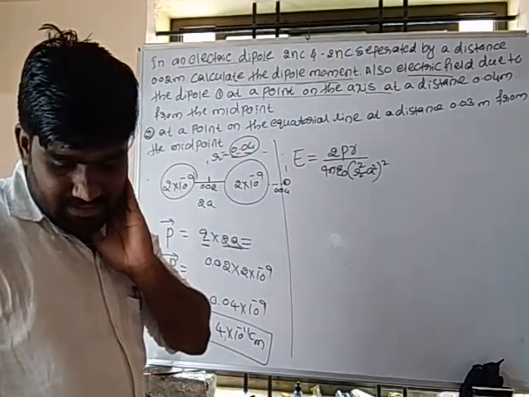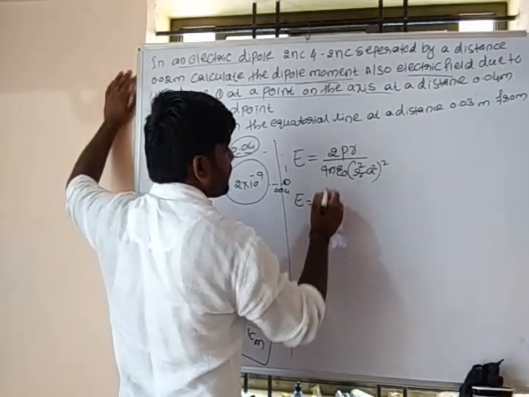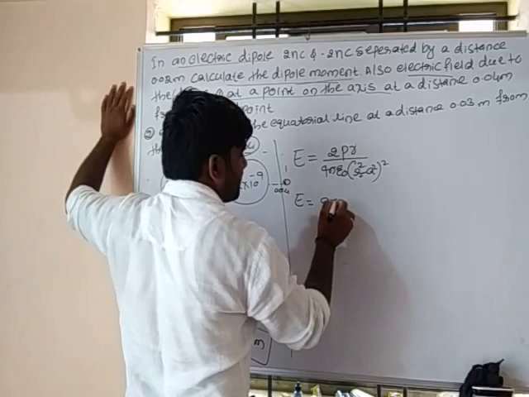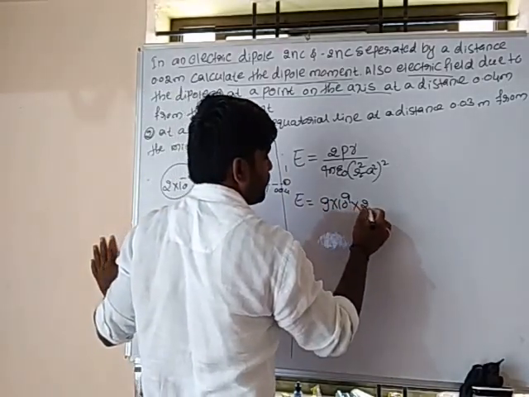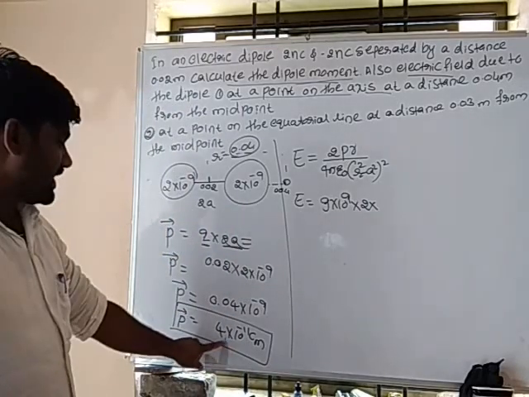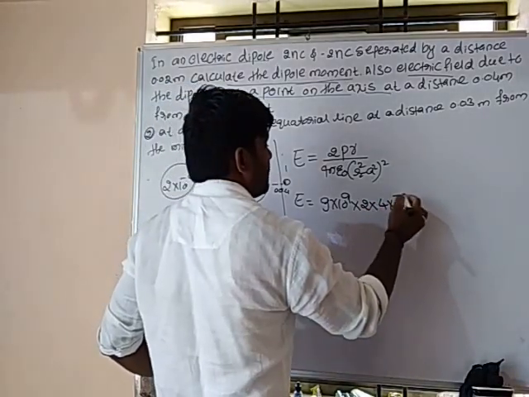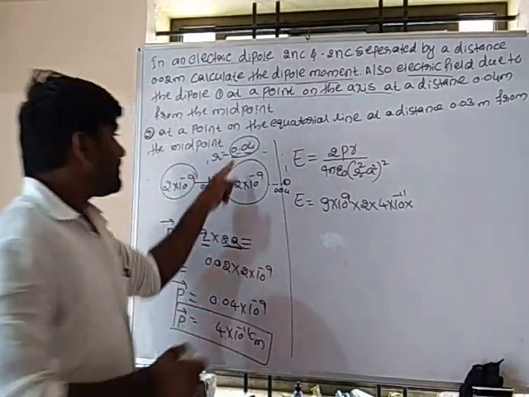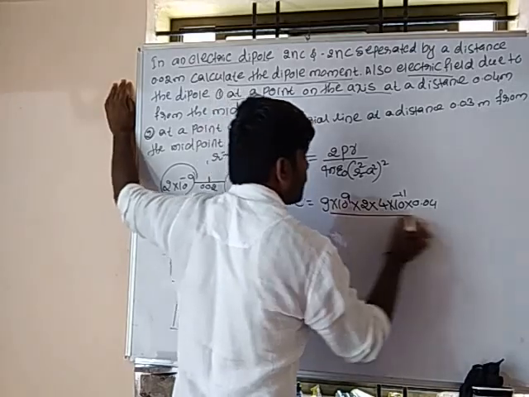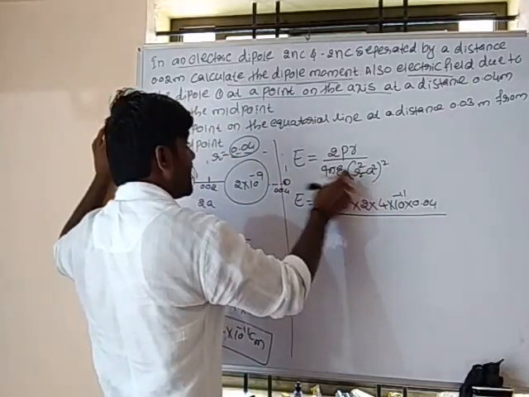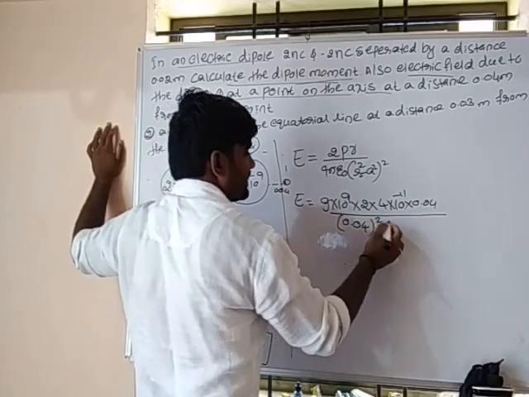Then this E is equal to 9 into 10 to the power 9 into 2 into P, which we had calculated, 4 into 10 to the power minus 11, R is given 0.04, divided by (0.04 its square minus A square).